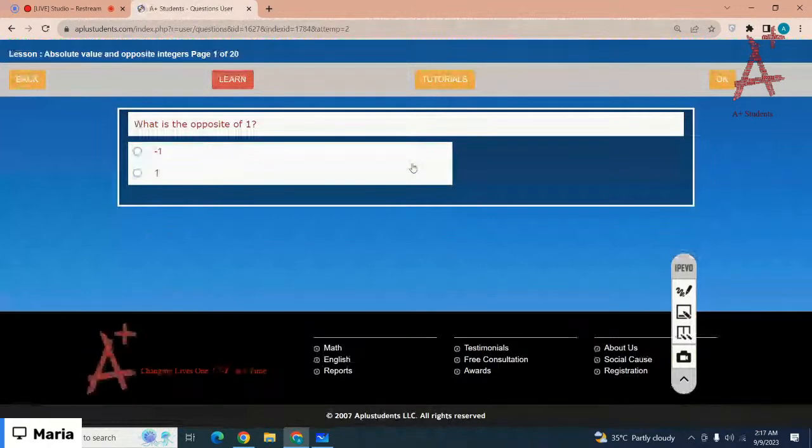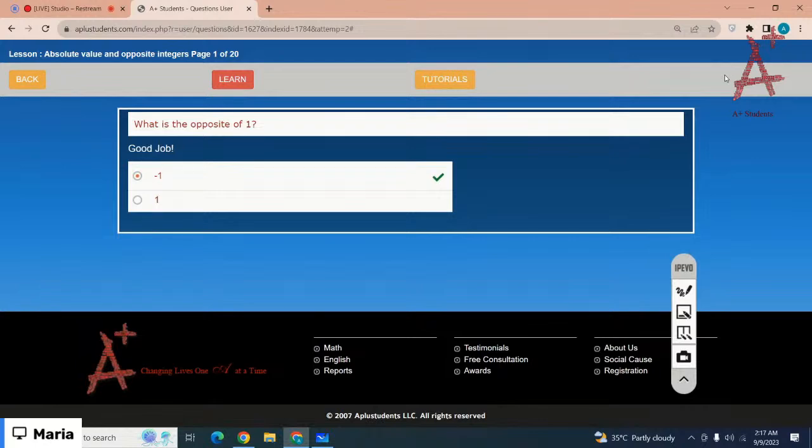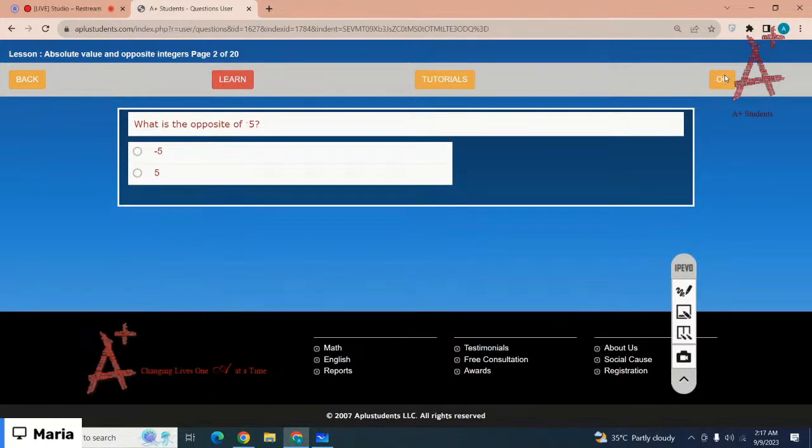What is the opposite of 1? Which is the correct option? Yes, opposite of 1 is negative 1, right? That would be negative 1. What is the opposite of negative 5? So which is the correct option?